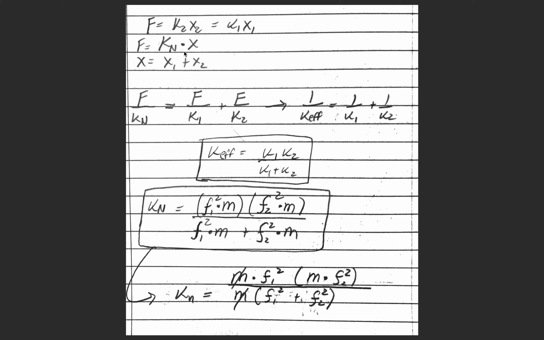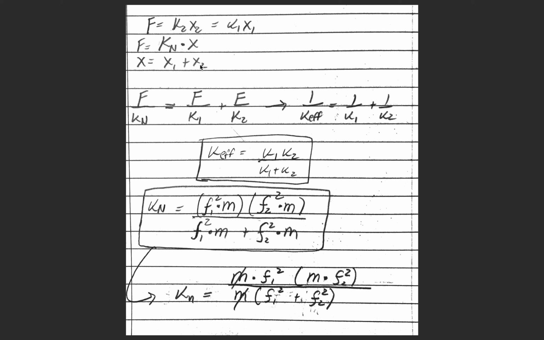So solving for this X, we're just going to divide this side by Kn, and we get F over Kn, and then that's equal to, we know X is equal to X1 plus X2, and X1 up here is equal to F over K. There's a lot of rewriting. So to get X1, you divide this side by K, and you divide F by K, so you get F over K1.